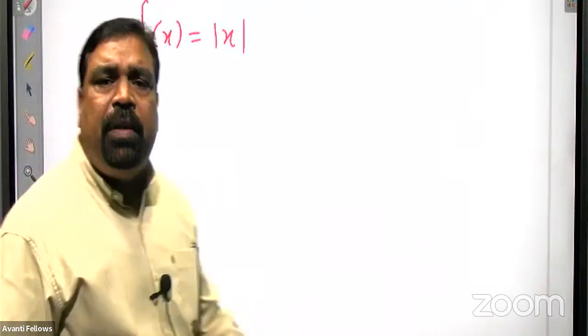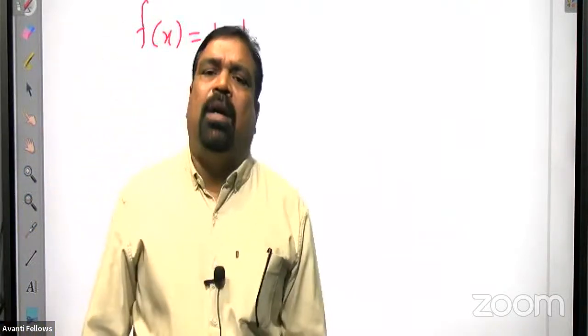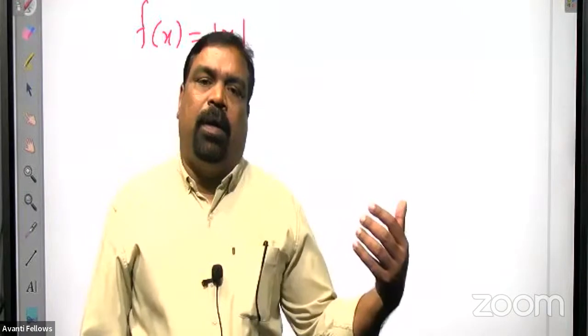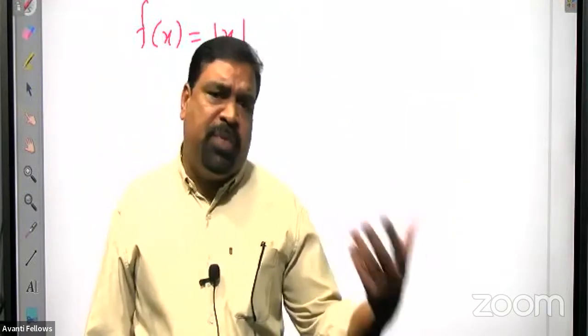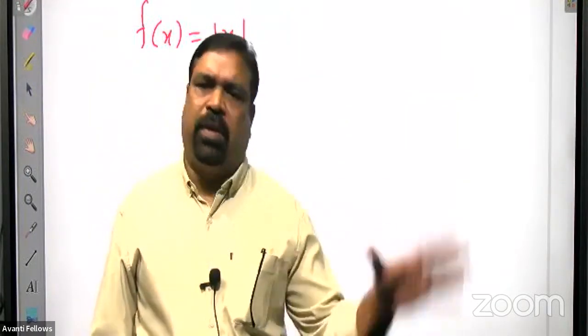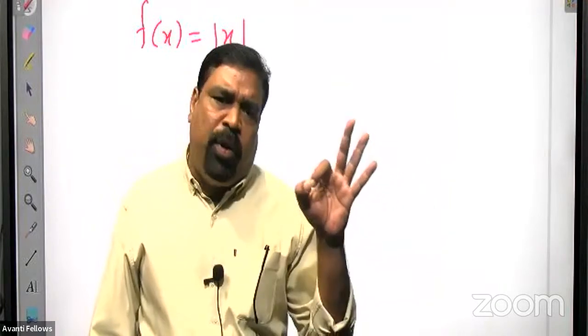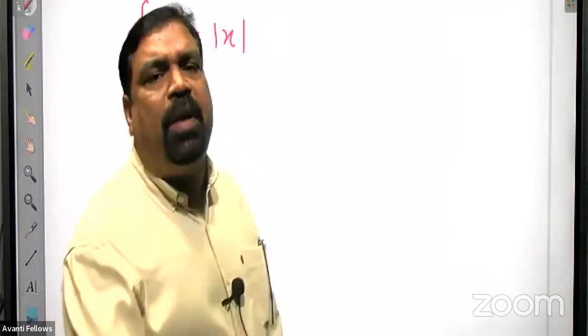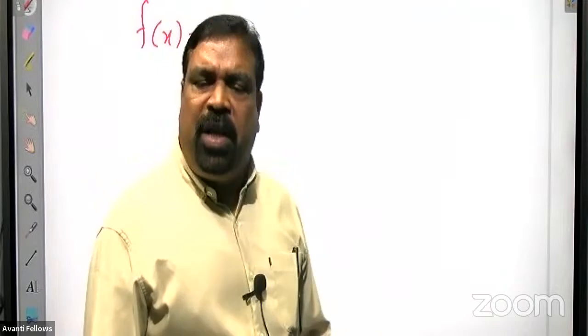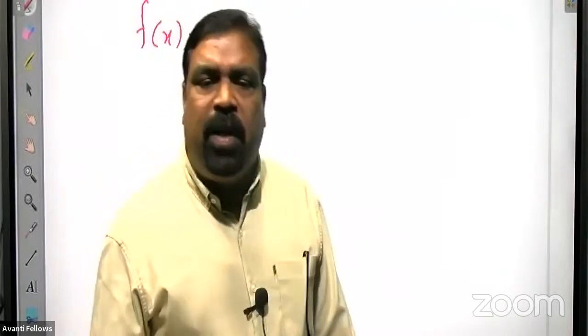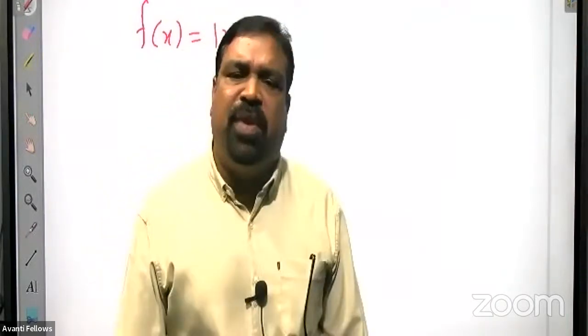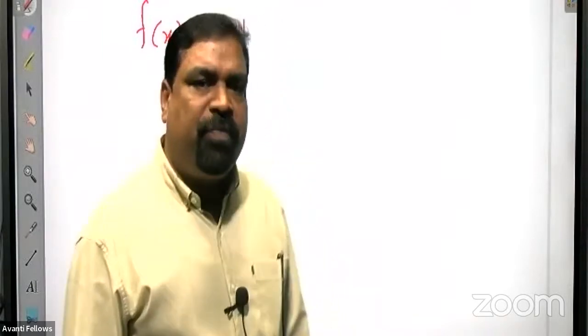We have already seen this function in continuity. This function is a continuous function. It is continuous everywhere. Now we are going to check the differentiability of this function mod x at the point 0. What about the derivative of this function at the point 0?